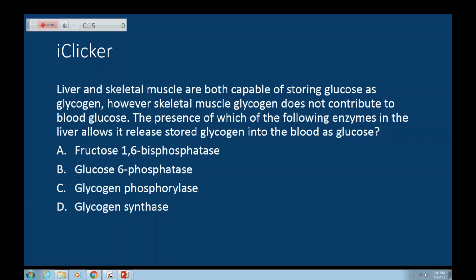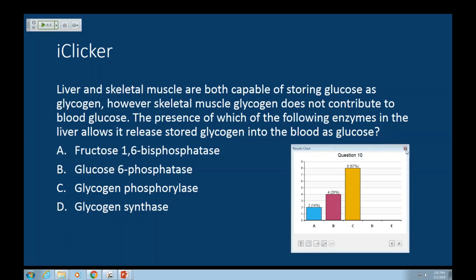This will see if you know a little bit about biochemistry, cell biology. It was a tough one, huh?